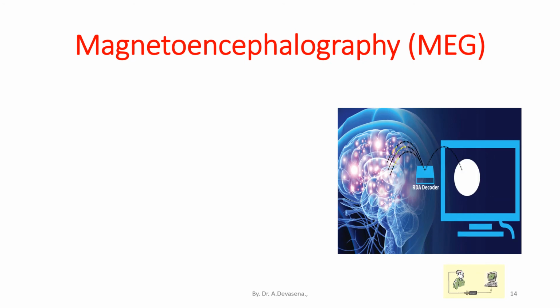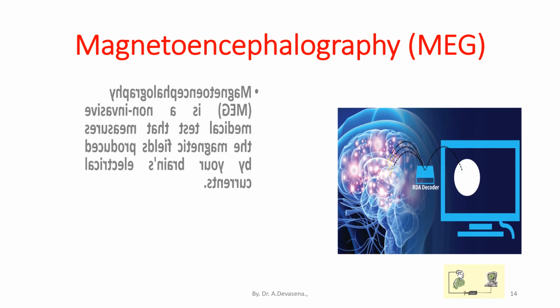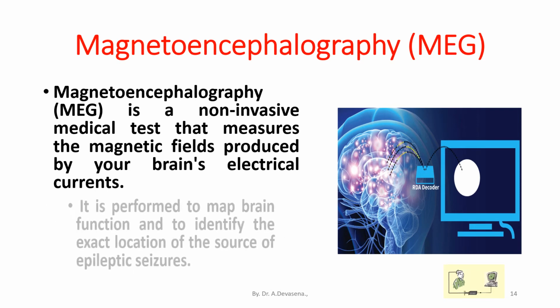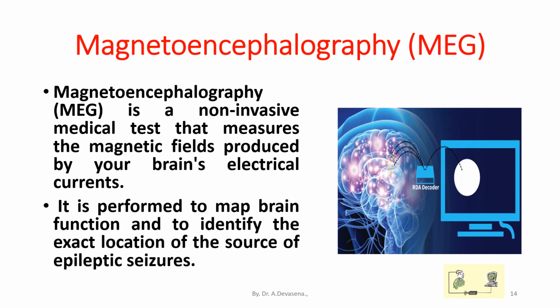Magnetoencephalography (MEG). Magnetoencephalography is a non-invasive medical test that measures the magnetic fields produced by your brain's electrical currents. It is performed to map brain function and to identify the exact location of the source of epileptic seizures.